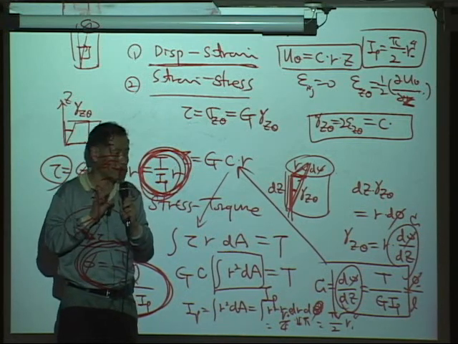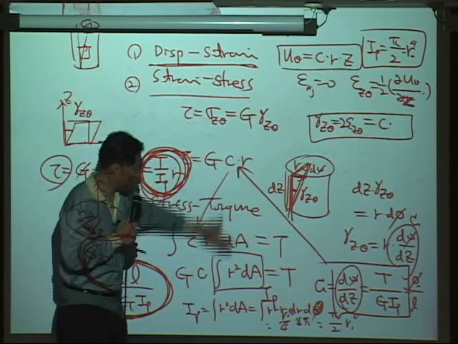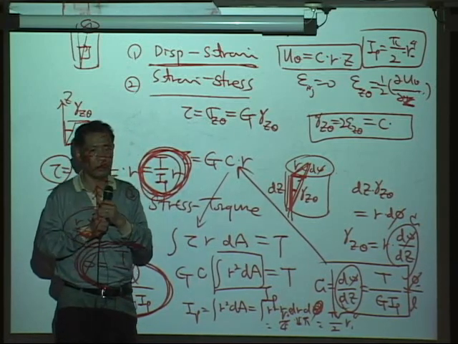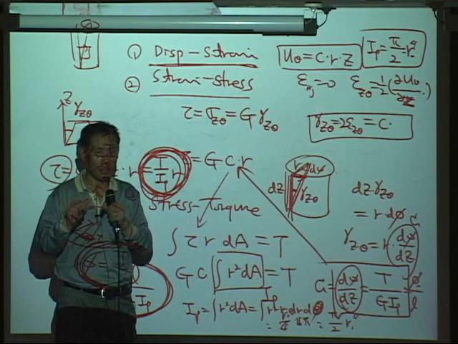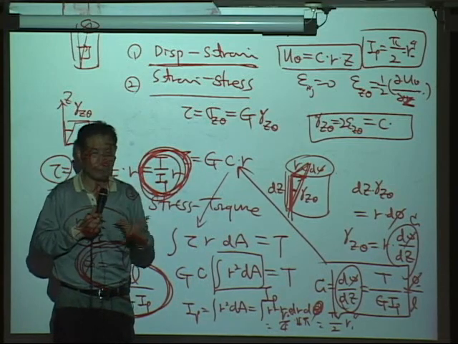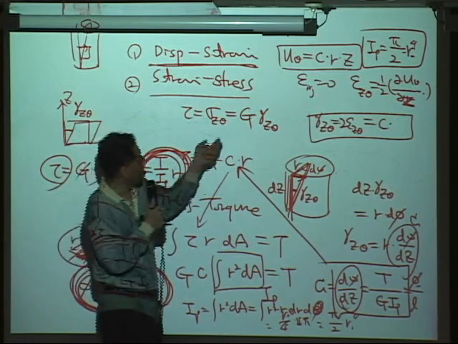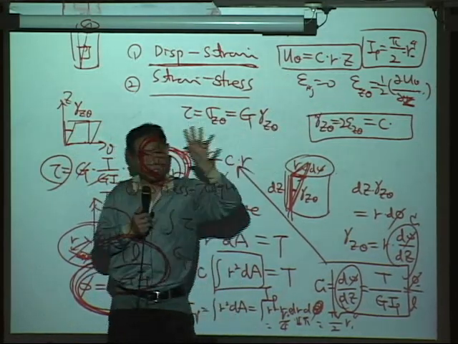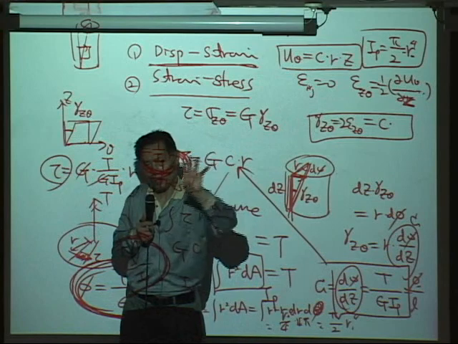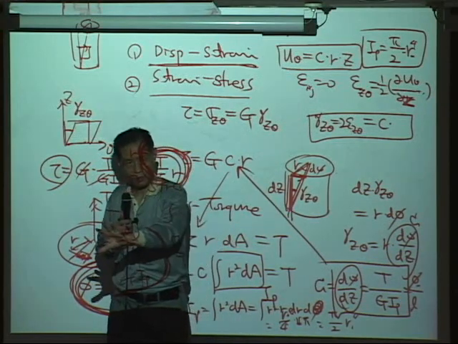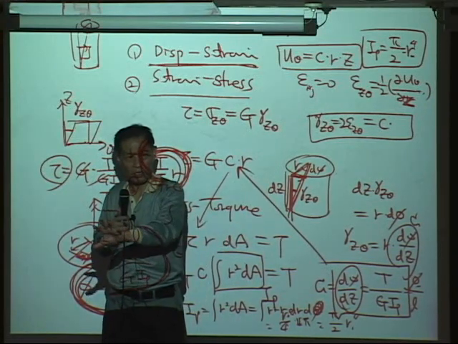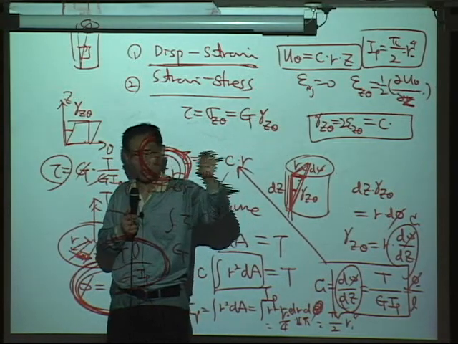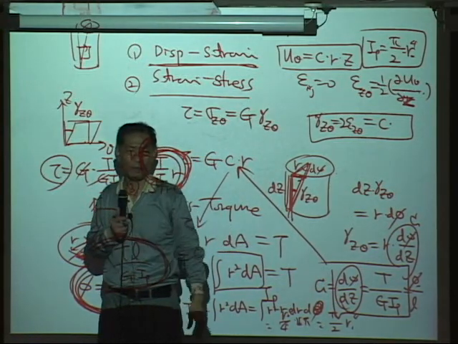So I really recommend you derive this procedure with a blank paper. Keep deriving. Starting from displacement, then strain, stress, and force. Force is a torque here. Displacement, strain, stress, and torque.